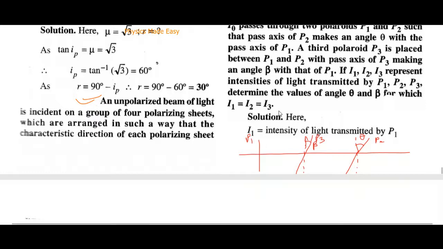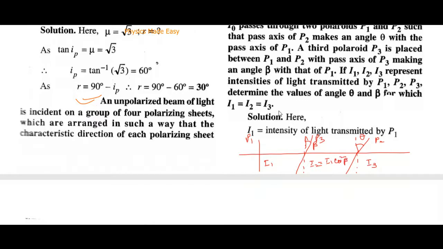Now suppose here we have got I1. I1 is the intensity of light coming out here. I2 is the intensity of light coming out here. I3 is the intensity of light coming out here. So this is I1. And now intensity of light coming out here, I2, will be equal to I1 cos square beta.